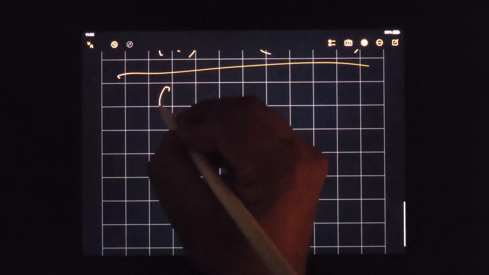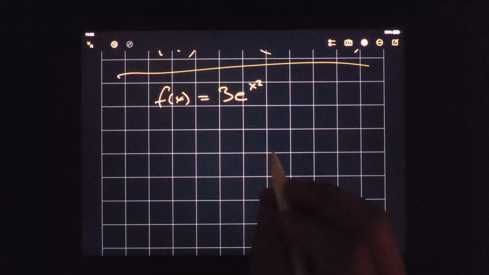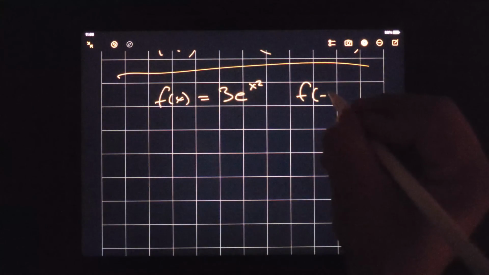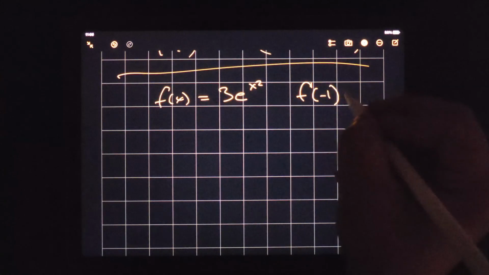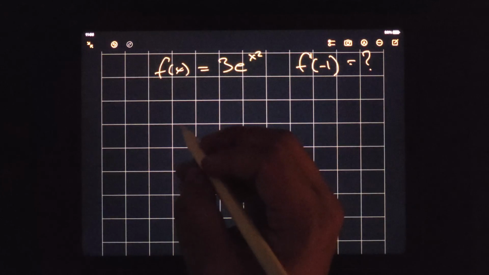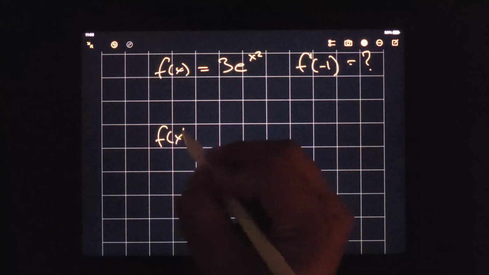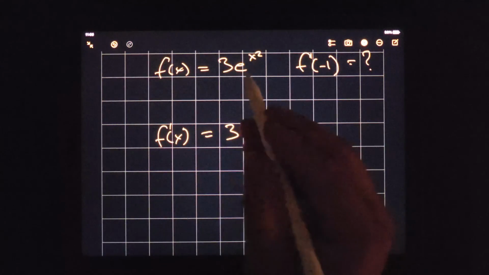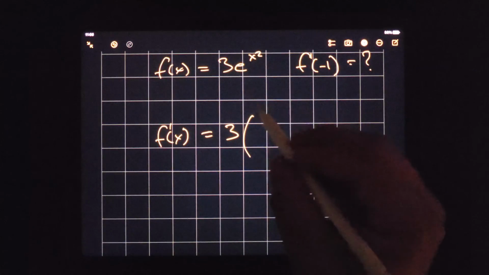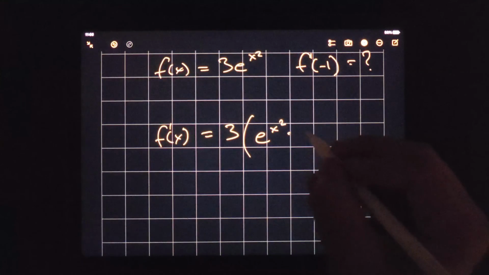Let's try another one. f of x equals 3e to the x squared. Let's try to find f prime at -1. So let's start by taking the derivative first. We can set the 3 aside and just do the derivative of e to the power of x squared. That's going to be e to the x squared times 2x.